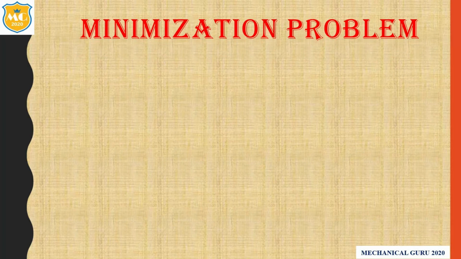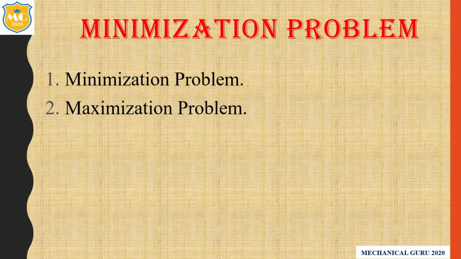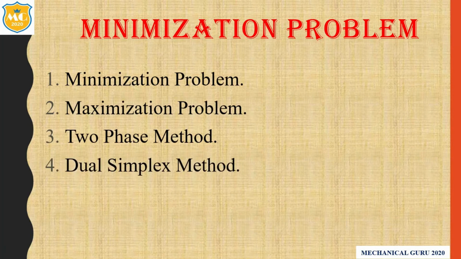Here I will show you how to solve it. A minimization problem can be solved by four different methods. The first is the minimization method, second is the maximization method, third is the two-phase method, and last is the dual simplex method.